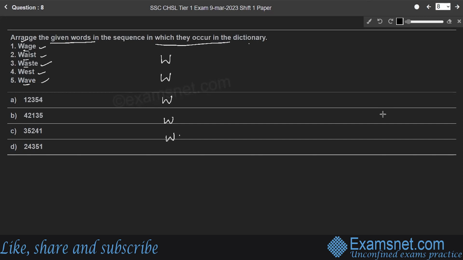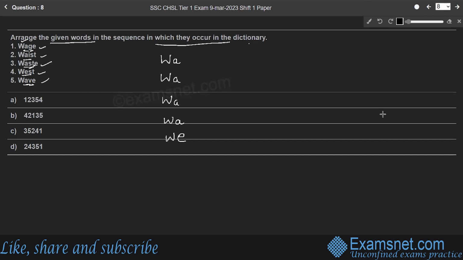So in 4 words, A is the second letter. Whereas in one word, E is the second letter. We'll consider this E at last because E comes after A, right? So third letters are G, I, S, and V, at last it is S, right?